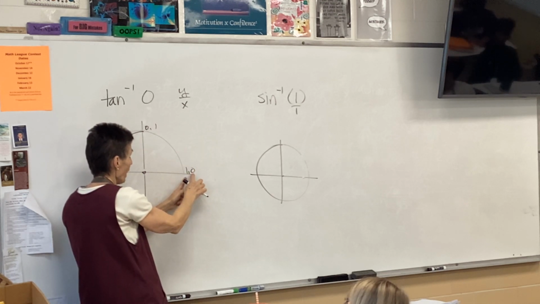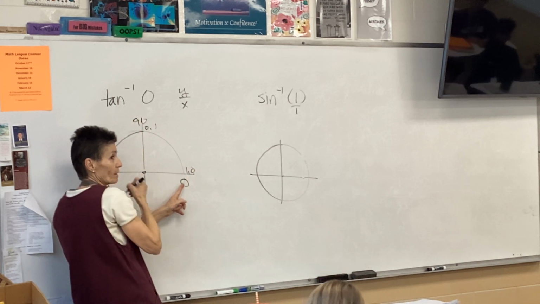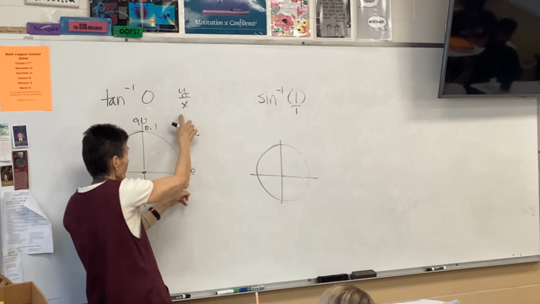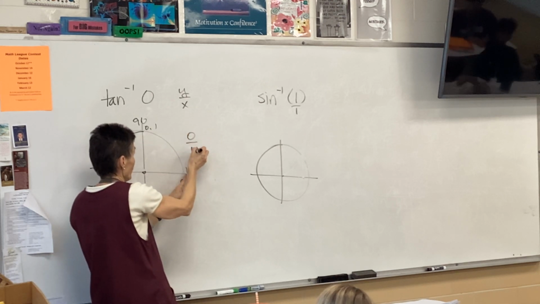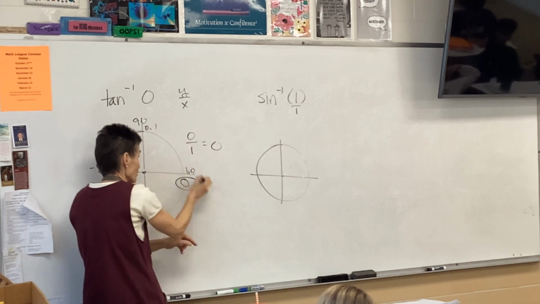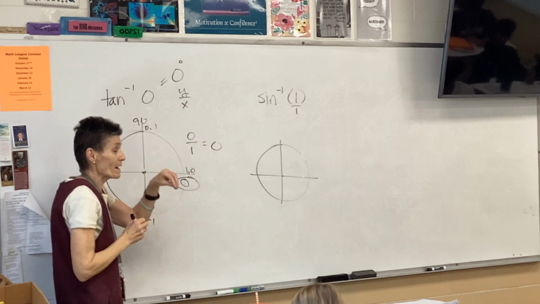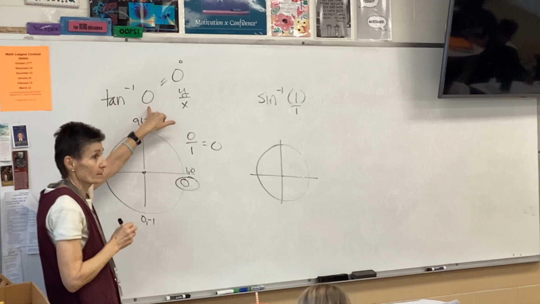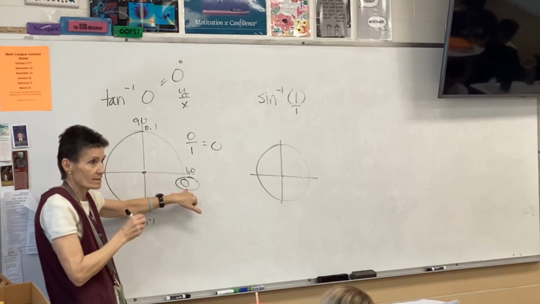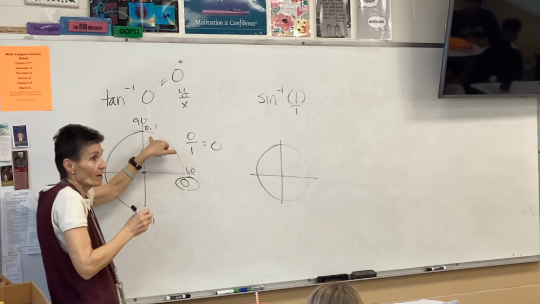If I put y over x, 0 over 1, do I get 0? That's the answer to the question. The answer is 0 degrees. You get a tangent that's 0 at 0. Up here, you would get a tangent that's undefined.